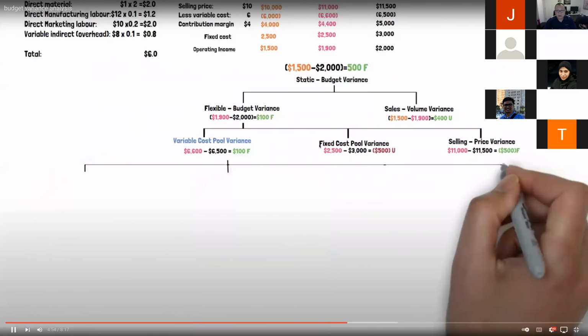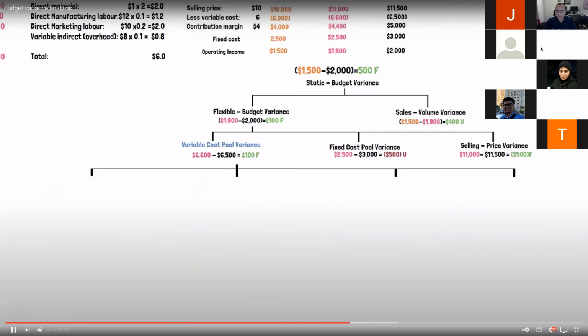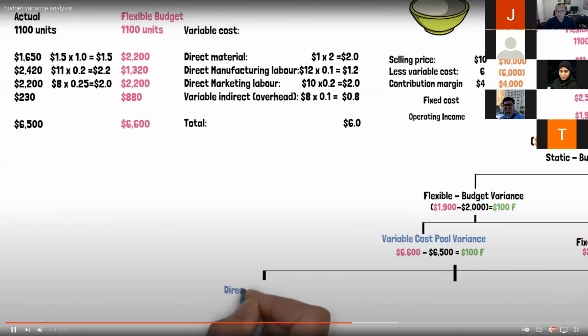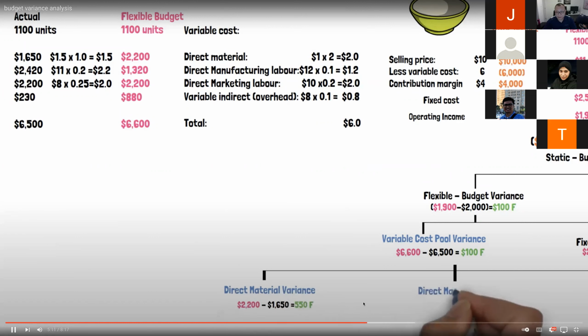So now take a look. I'm breaking this down into another level. The first one is the direct materials variance. I use 2,200 minus 1,650, so that's a 550 favorable. The next one is the direct manufacturing labor variance.